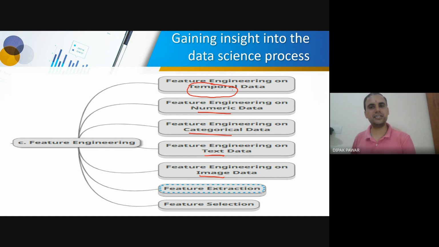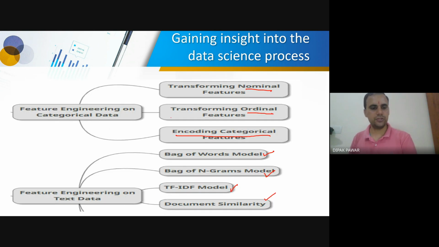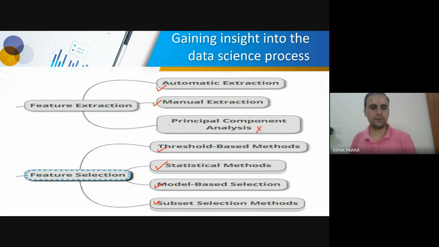To deal with image data, basically CNN is used, which is part of deep learning. In text data, currently we have LLMs and all the different stuff in the GenAI part. For categorical data we use one-hot encoding, then nominal encoding, and then ordinal encoding. You already covered this stuff in the last class.